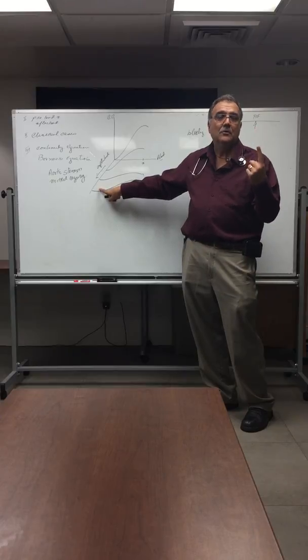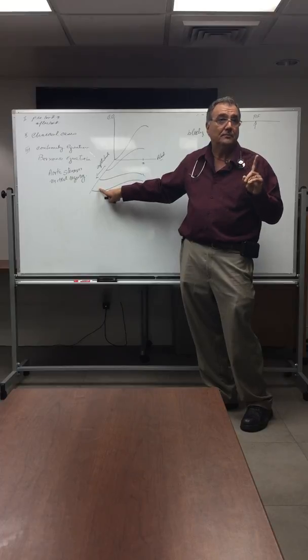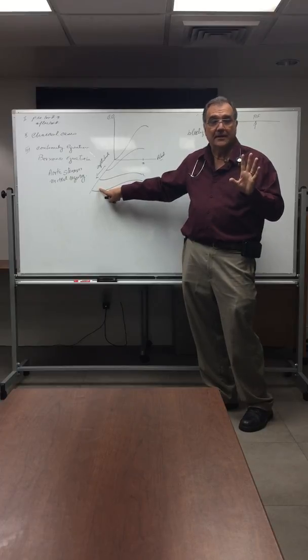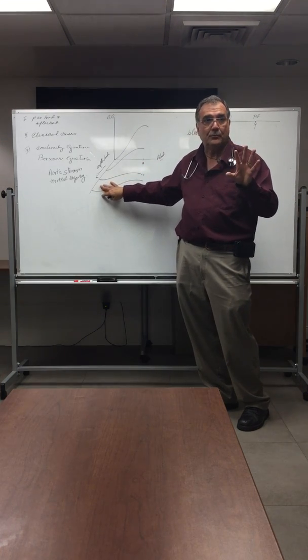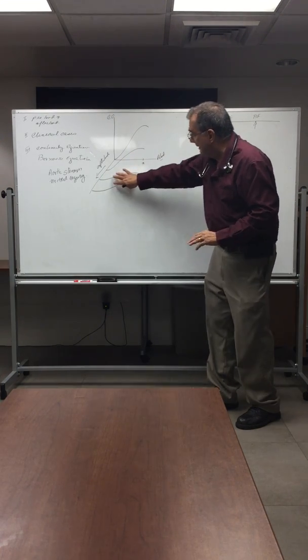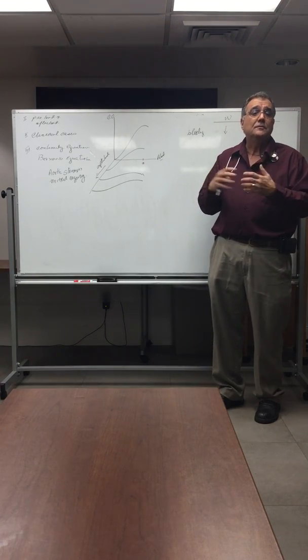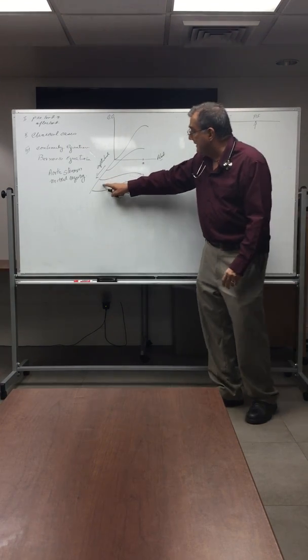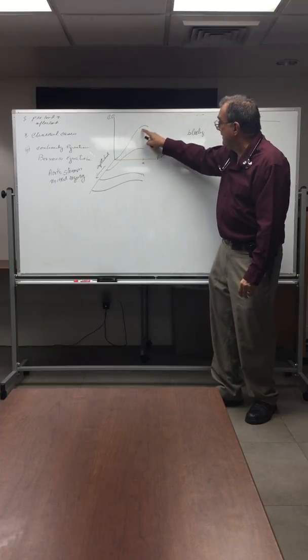The first thing I'm going to take care of when I have a patient is the blood pressure. In this particular case, before you do anything else, I'll tell you why later, the first thing you always look at is the blood pressure. Then you start looking at this. So the guy comes in with a blood pressure of 60. He's bleeding. Very obvious, I need to fill the tank up. When I fill the tank up, I'm moving this way along the curve and increasing the cardiac output.